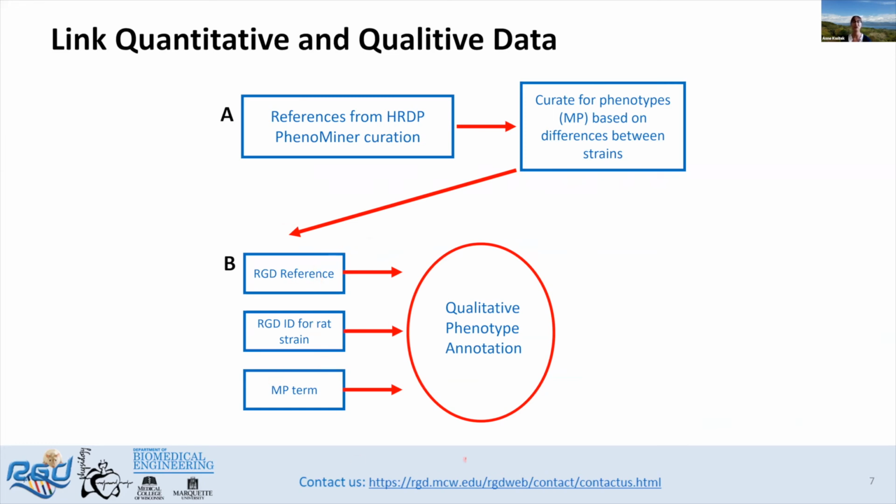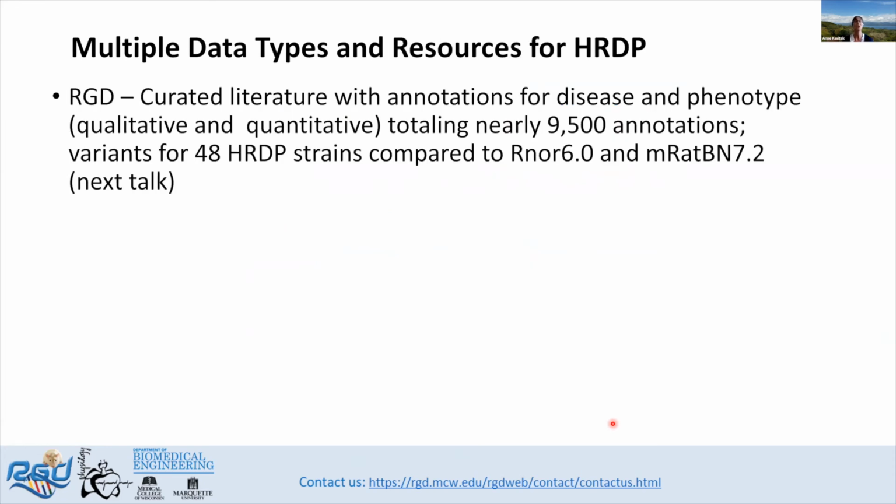Again, those are annotated just as well. In all, we have curated literature with annotations for disease and phenotype, both qualitative and quantitative, totaling nearly 9,500 annotations for the HRDP strains, along with variants for 48 HRDP strains compared to both RN6 and the new BN rat assembly, which Monika will talk about next.